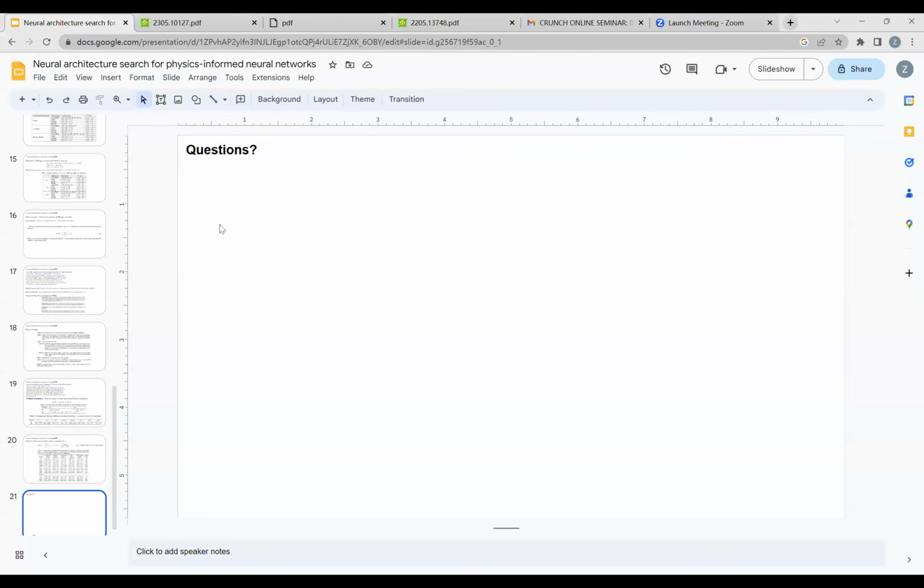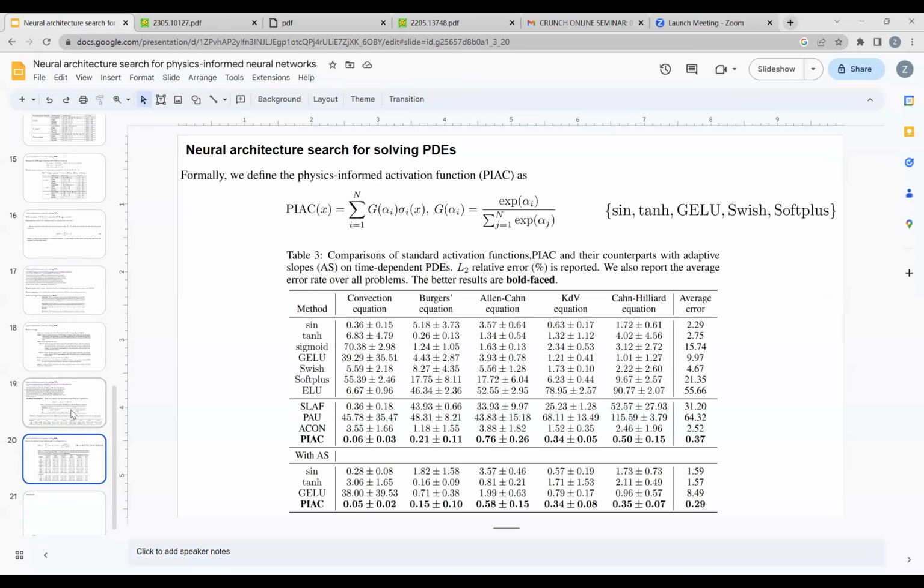Any other questions? Hey, this is Adar. Thanks for the presentation, really interesting. I was wondering, maybe I missed it, the activation functions you're showing, are they part of the NAS, or are they just trainable activation functions like the adaptive activations? Yeah, it's just trainable. It's not like DARTS, it's not like NAS.